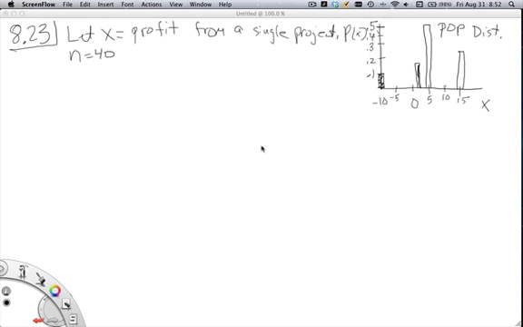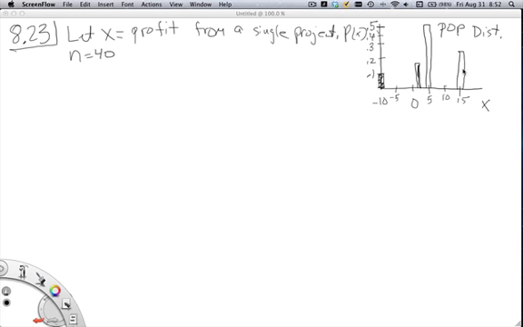Alright, so I've already started doing a little bit of doodling here. So let's say we have a random variable x. So x is going to be the amount of money that we make from a single project. Now, we've been told the distribution of x, and so here it is off to the right.